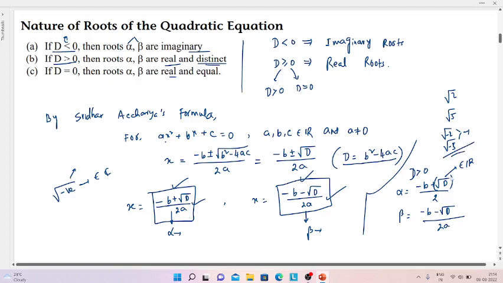So if D is greater than 0, this root D will be a real number and b is also real. We have already said that b is real, and this 2a, that part is also real because a is real. So we can say that both this term and this term will be real, right? Am I right or not?